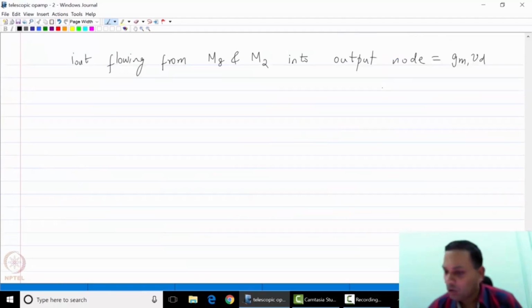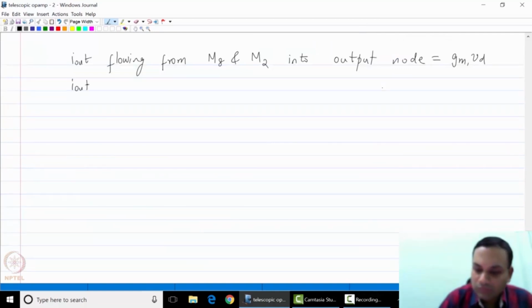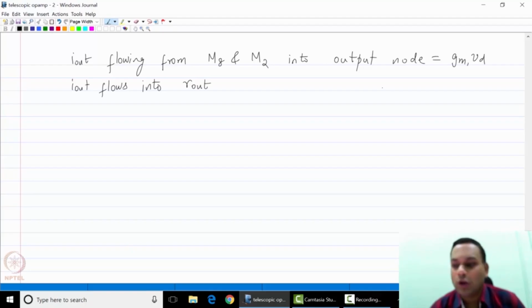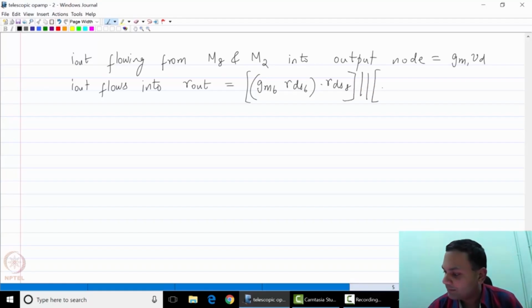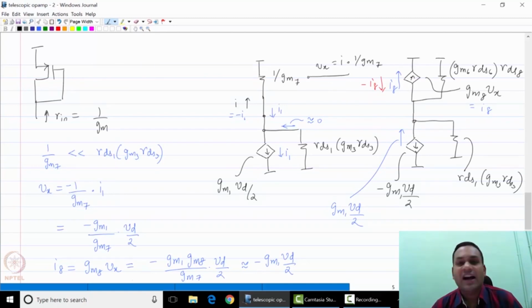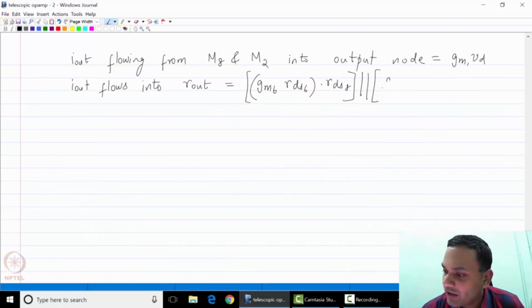Now this current Iout flows into the output resistance of the overall op amp, which is gm6 RDS6 times RDS8, in parallel with gm3 RDS3 times RDS1, or gm4 RDS4 times RDS2, looking downwards.